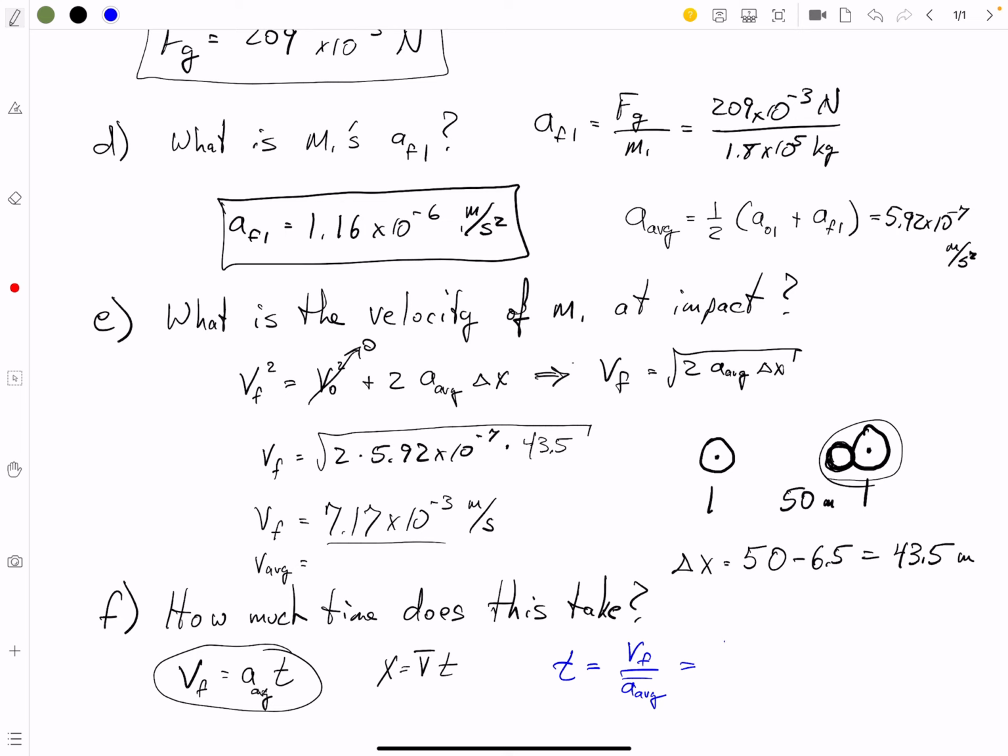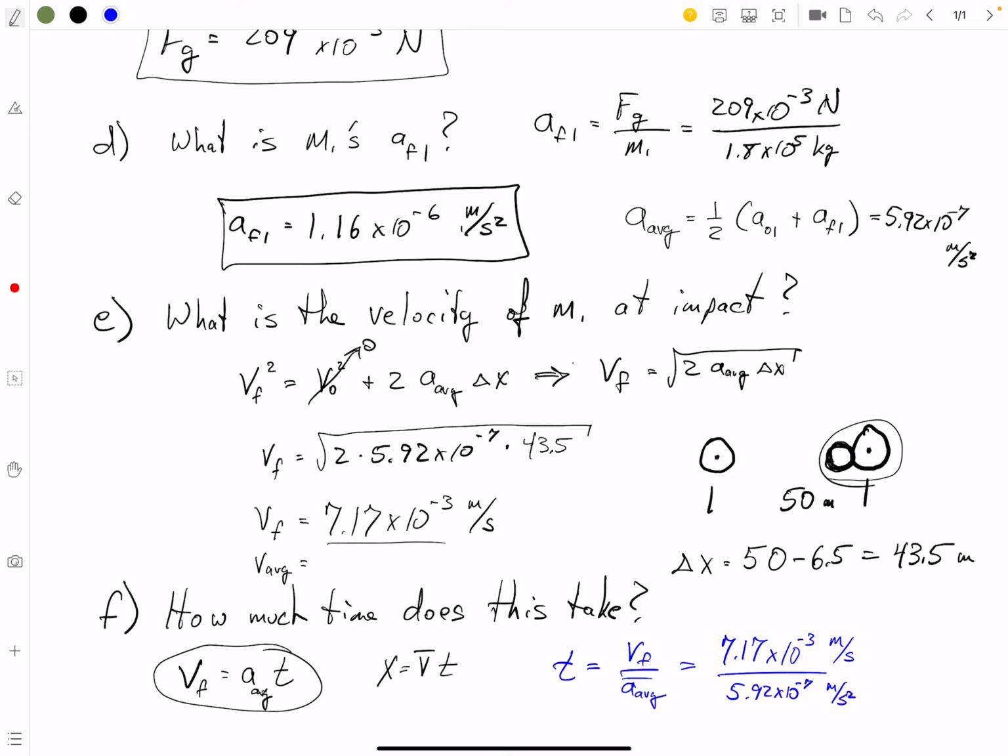So 7.17 times 10 to the minus 3, and that's meters per second. And then a average, what did we say that was? That is 5.92 times 10 to the minus 7, and that's meters per second squared.